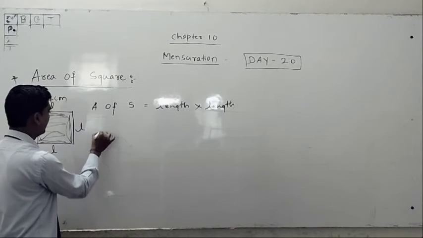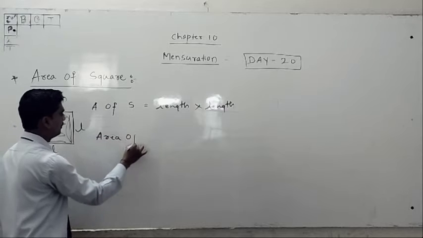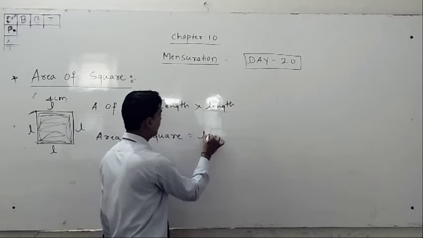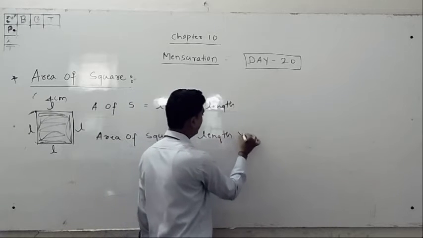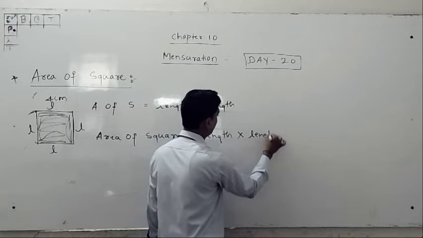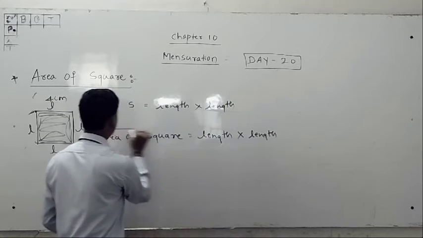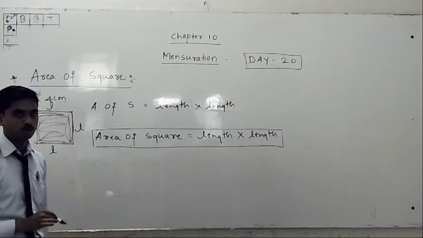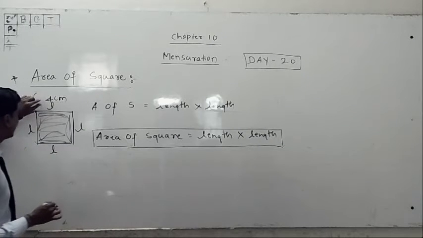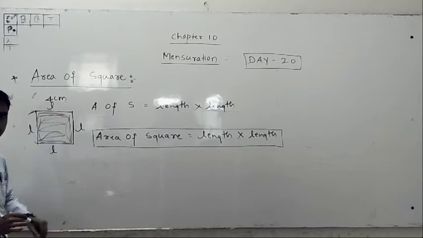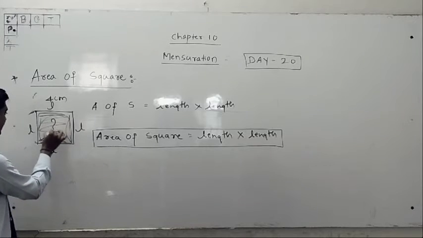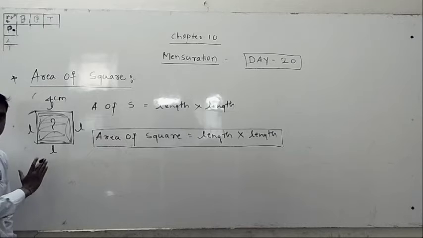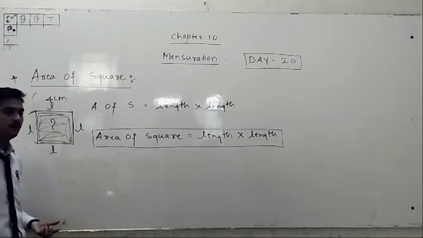That's why we are calling area of square is equal to length into length. This is the area of square formula. Understand? And this figure's length is how much? 4 centimeter. But we don't know this area. How much place this figure occupies, we don't know. That is the area we are finding.